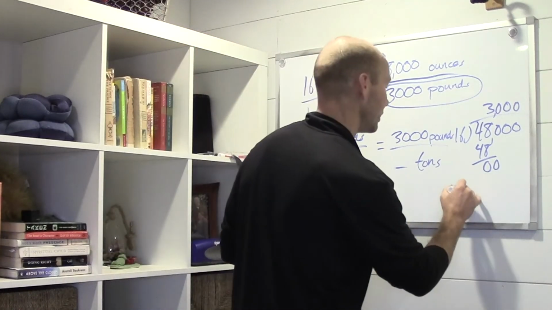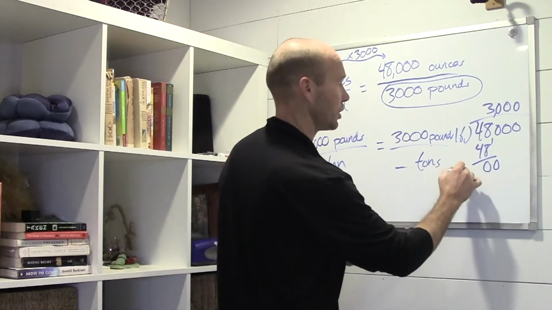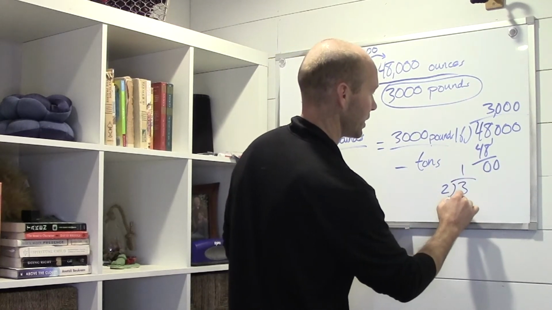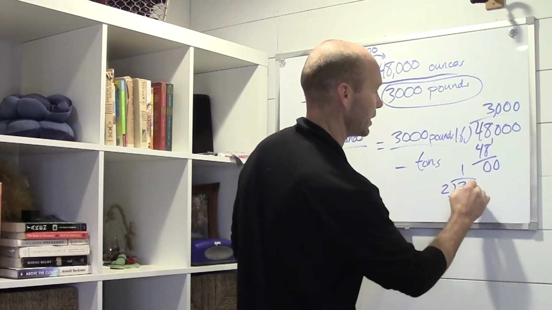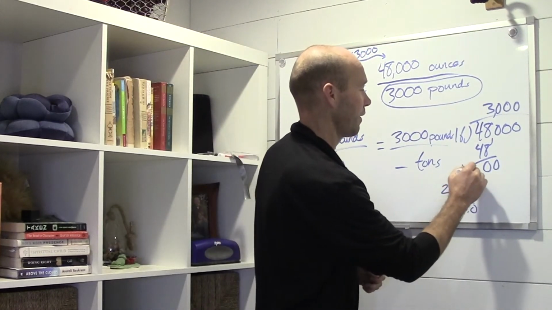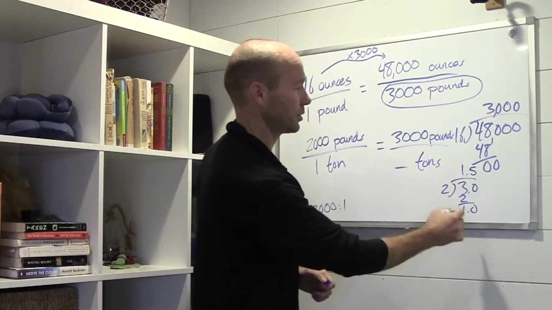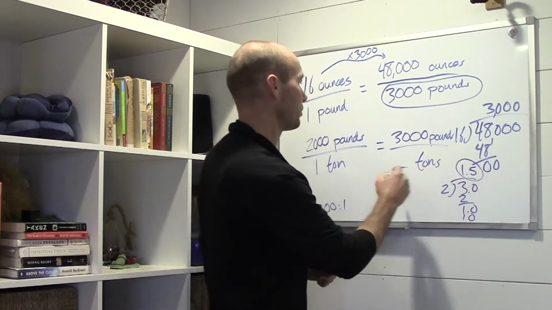What is 3 divided by 2? 2 goes into 3 one time. I get 2, 1, and then I bring down a 0, 10, and I'm going to get 5. 5 times 2 is 10, and my answer is 1.5.